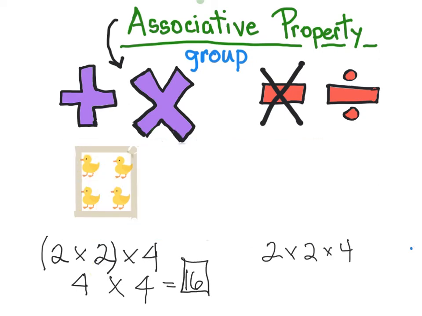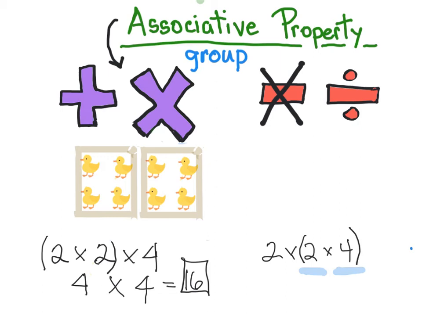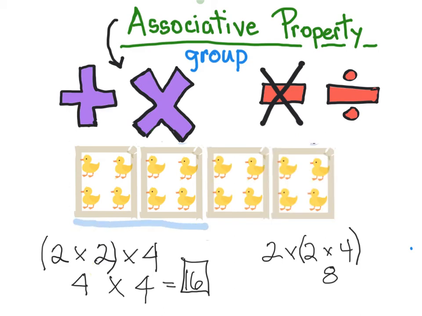Part of your project includes building a shelter for the ducks. So you build a shelter that houses 4 ducks. But that's only 4 out of 16 ducks, so you build another one. You've doubled it. Now you have 2 groups of 4 ducks. 2 times 4 is 8, and that's what we have right here. 2 groups of 4. Luckily, your cousin comes over and helps you build the last 2 duck houses.